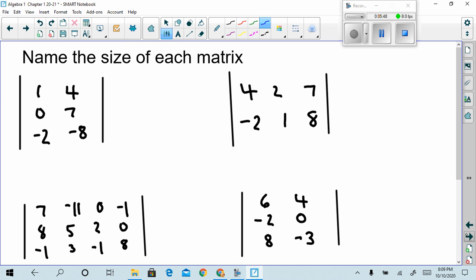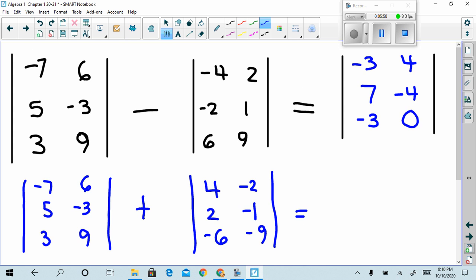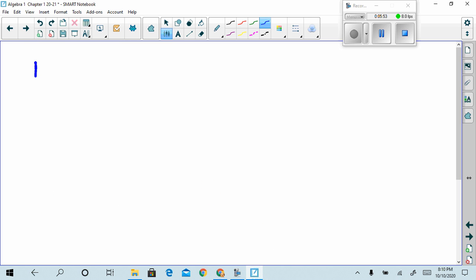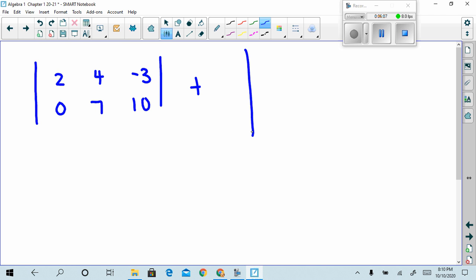Once again, if I try to add something that looked like this, I cannot do that.